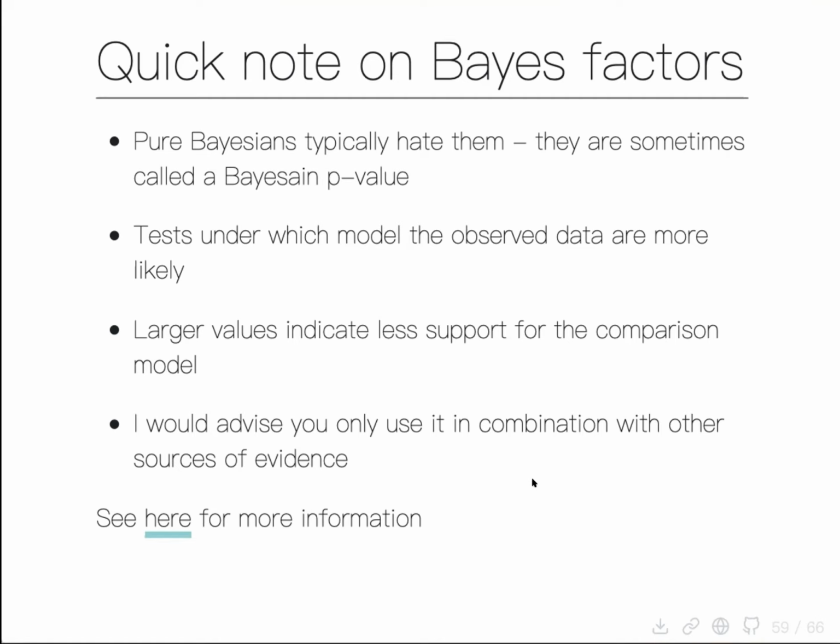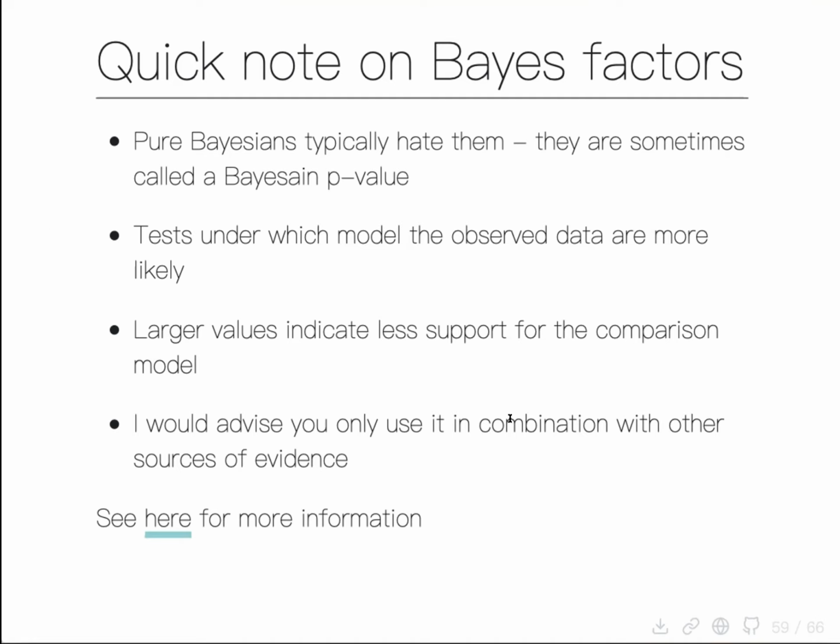Bayes factors skip past all that and say, okay, is there a difference though? Because that's all I care about, right? And so some people refer to them as the Bayesian p-value. And like I said, a lot of people prefer Bayesian methods in part because they don't have p-values. Okay, so if you're going to use them, just be aware that you might get some pushback from some people.